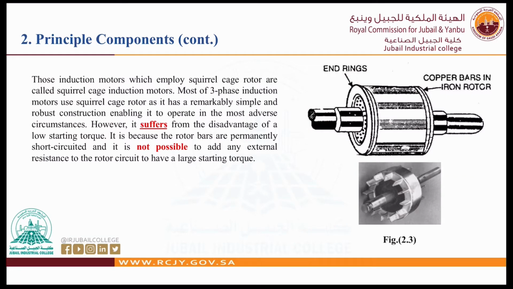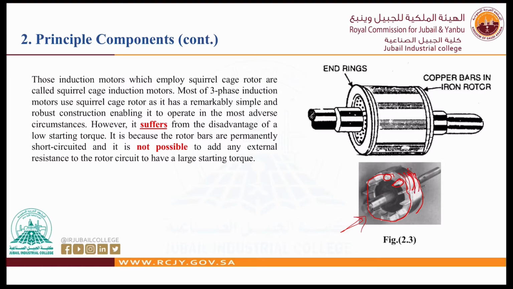For the squirrel cage, this is the real picture of a squirrel cage rotor. As you can see, these are the aluminum bars, this is the ring, and from the other side again, and this is the core, which is a laminated core like this.